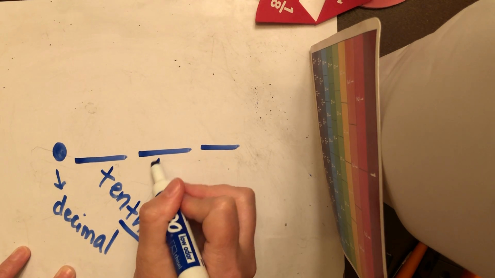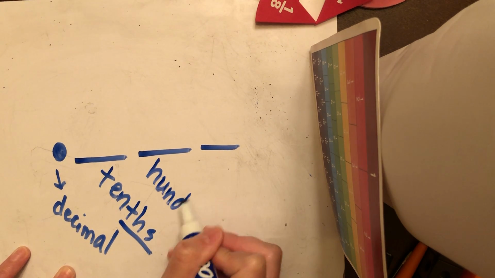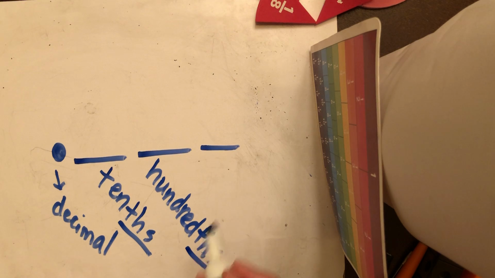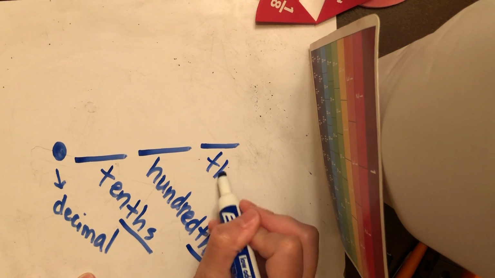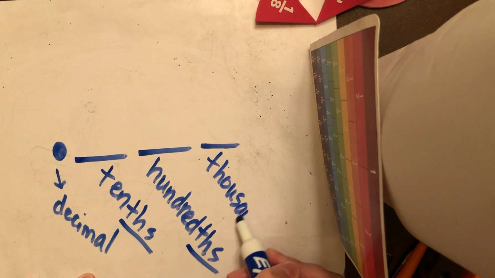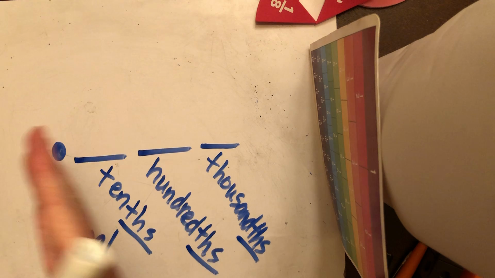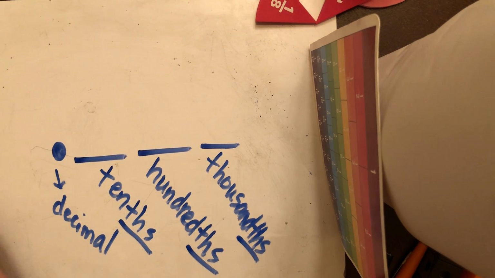What is this one? 100. But we say it's hundredths, so I'm just gonna add a THS. Then what would this one be? You're right, 1,000. And I'm just going to add a THS. So you spell them all the same way as you spell your place value on this side, the ones, tens, hundreds, thousands, but you add the THS.